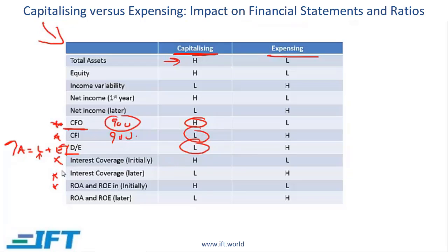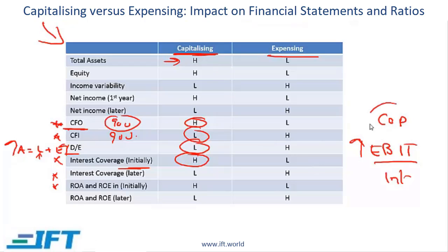Interest coverage ratio is important. Initially, when the money is spent, your interest coverage ratio is higher for the capitalizing firm. So what is the interest coverage ratio? It is your operating profit, or EBIT, divided by the interest expense. In the initial year, EBIT is going to be higher for the capitalizing firm.